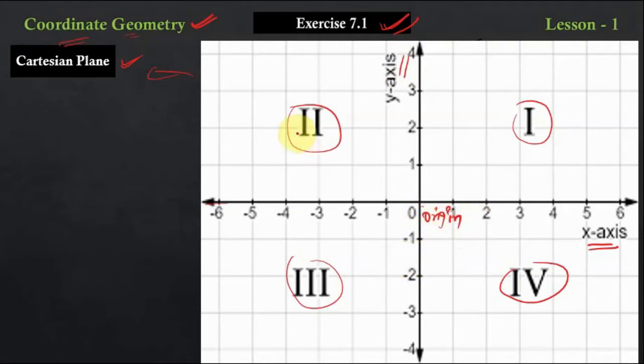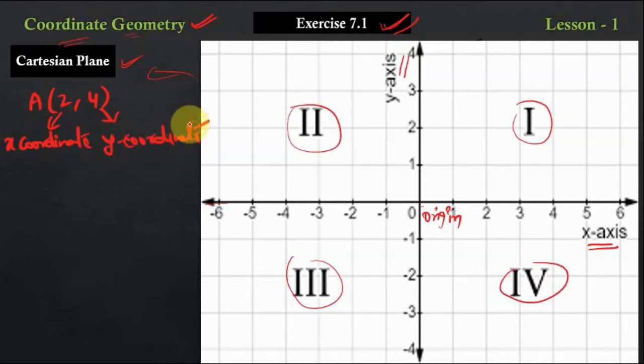Now if I am given a point, suppose A is point 2 comma 4, then how do we locate this point on this Cartesian plane? First of all, every point on a Cartesian plane has 2 coordinates. First one is called x coordinate. Okay, and similarly the second number is called y coordinate, right?